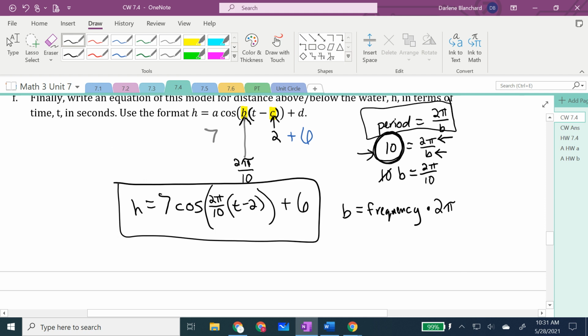And that is an example that has everything in it.